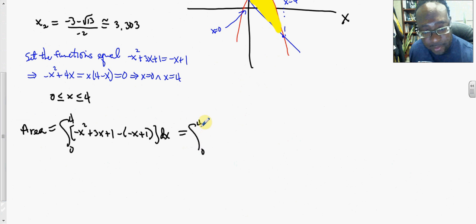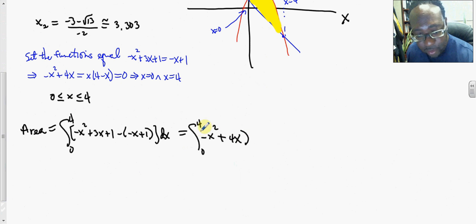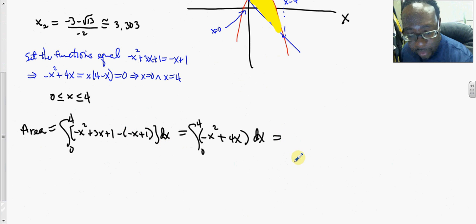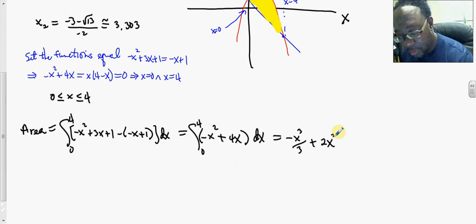Simplify that. This is negative x squared plus 4x dx. The 1 minus 1 cancels out. So we integrate here. So we have negative x cubed over 3 plus 4x squared divided by 2, which is just 2x squared. Evaluate that from 0 to 4.